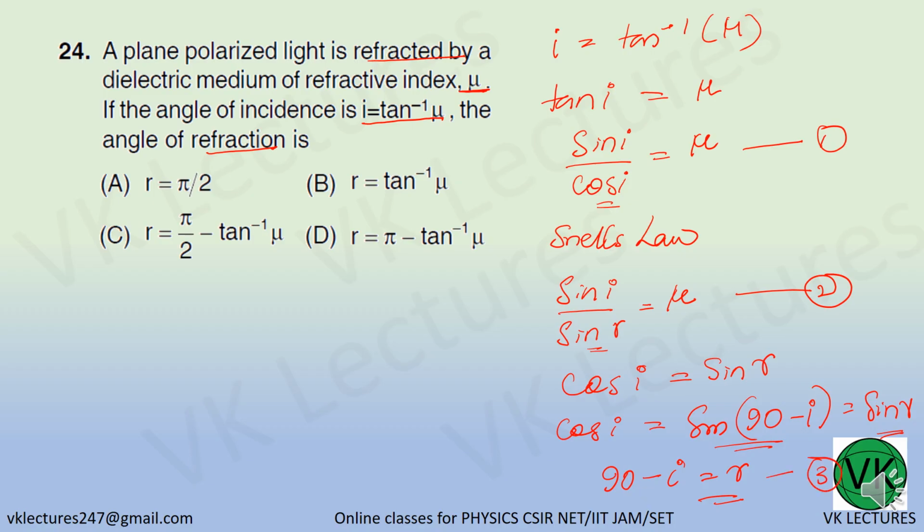So R is equal to 90 minus I. Now just substitute I equal to tan inverse of mu. So 90 minus tan inverse of mu. So your option is R is equal to pi by 2 minus tan inverse mu.